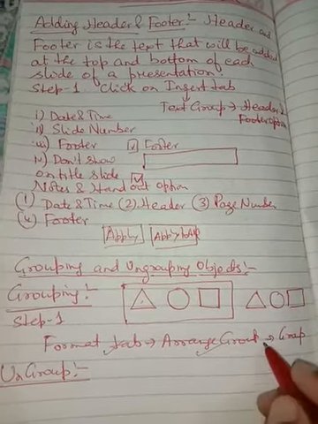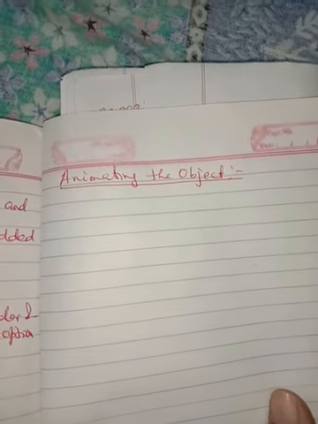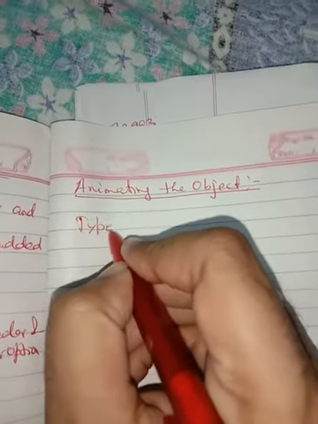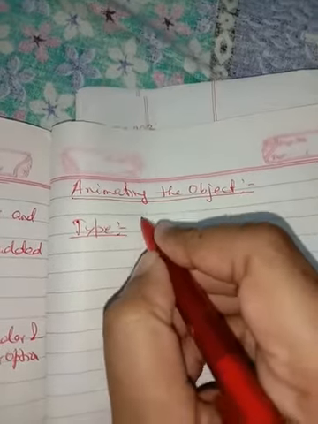In PowerPoint, a variety of animation effects are available, which you can use to make your presentation more enhanced, more beautiful. Animation can be used on the text or objects on a slide, to exit a slide, or to emphasize the text or objects. Any object of a slide can be animated. So what are the different types of animation? Number 1, entrance.